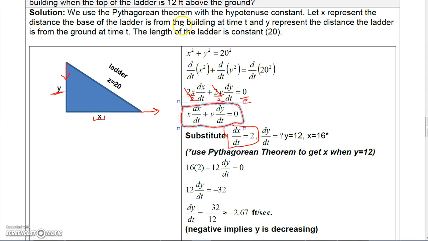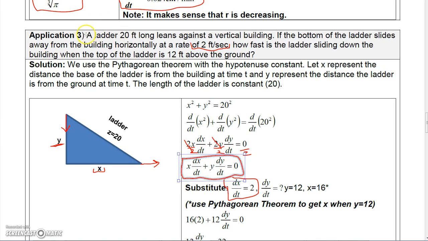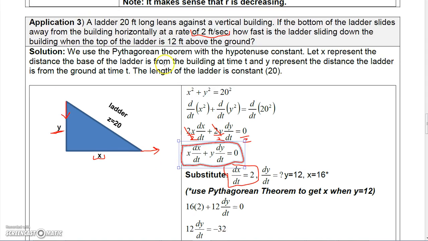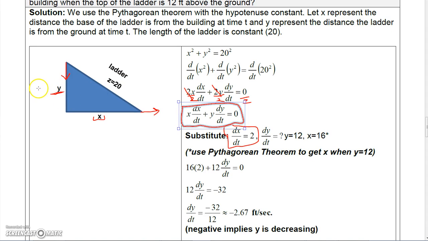If you look at the question, it says it wants to know how fast is the ladder sliding down the building when the top of the ladder is 12 feet above the ground. So it wants to know what's happening when y equals 12. So we're given y is 12.